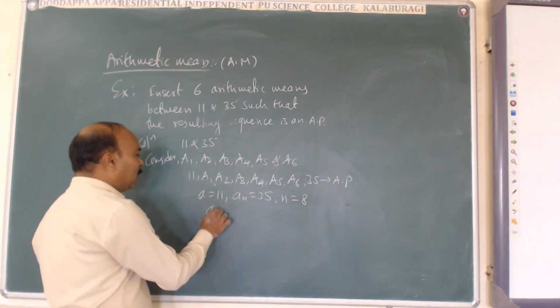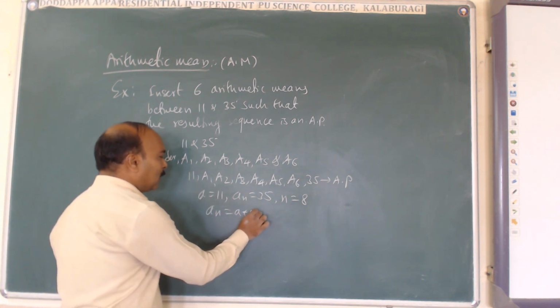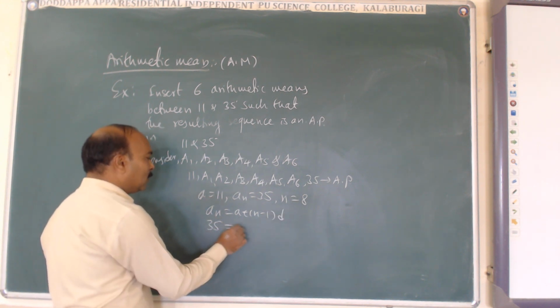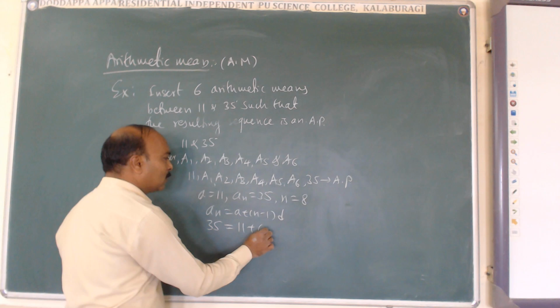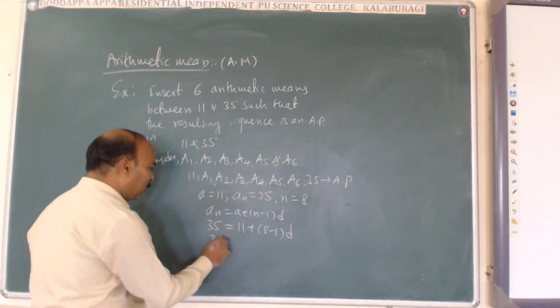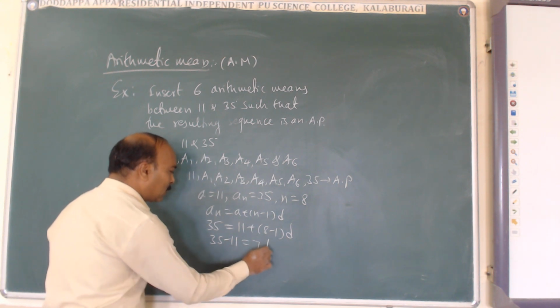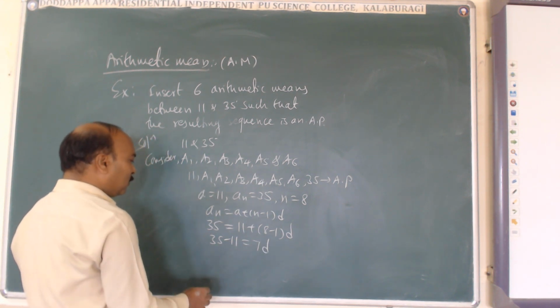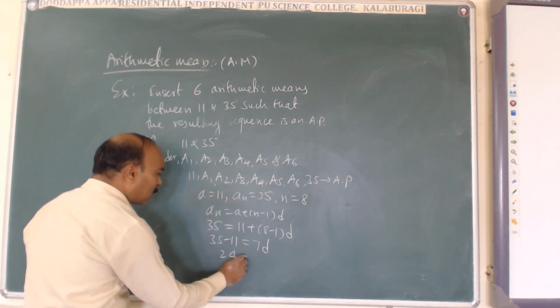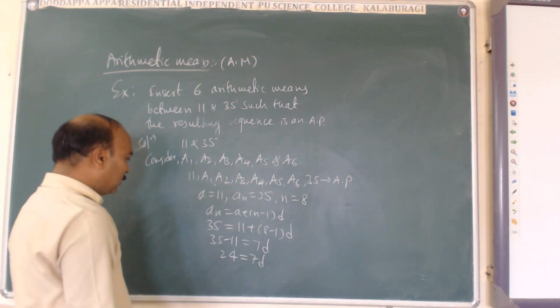Now the formula, a plus n minus 1 into d. an is 35. a is 11 plus 8 minus 1 into d. So 35 minus 11 equal to 7d. Now subtracting, it is 24 equal to 7d.